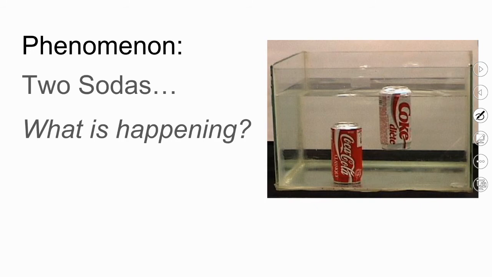So it looks like, what is different about diet and classic? You're saying sugar. Which one has sugar? Okay, so this one has sugar. Why does one float and why does the other one not float? It's the carbonation and the air, the bubbles. You think that they have different carbonations?